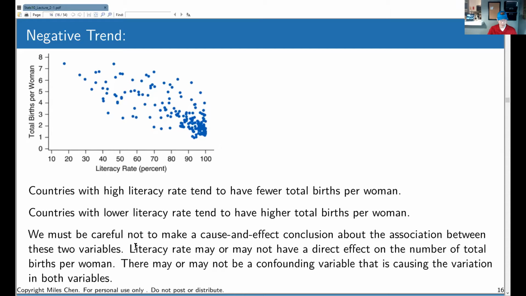So the literacy rate itself may or may not have a direct effect on the number of births per woman, and the data does not reveal this. It's more likely that there may or may not be a confounding variable that's causing the variation in both variables. Literacy rate is kind of a proxy for just having an educated populace, and why would having an educated populace lead to lower total births per woman?